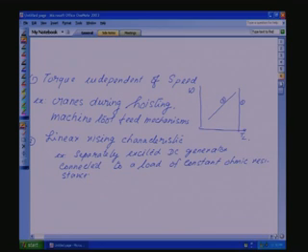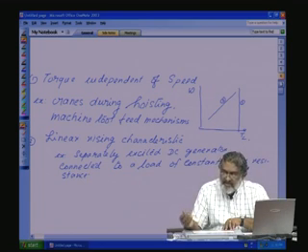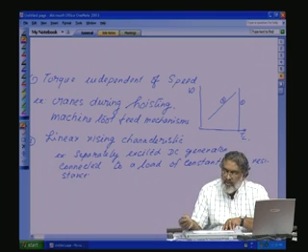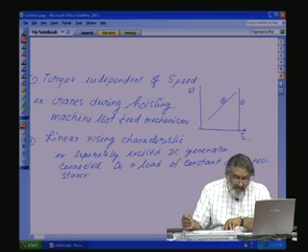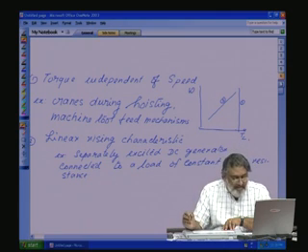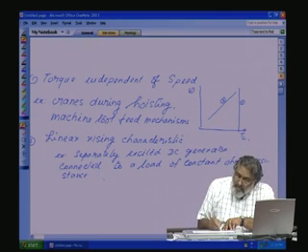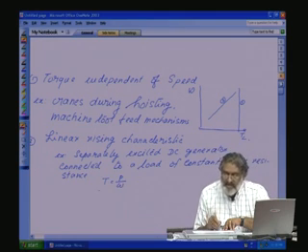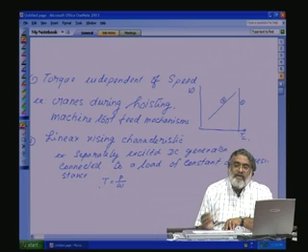That means the machine is working as a generator, and the generator is feeding a load of constant ohmic resistance. Then let us see the torque speed characteristic is linearly rising. Now we know torque is equal to P by omega. Omega is in radians per second. The power developed by the generator divided by the speed gives the torque.